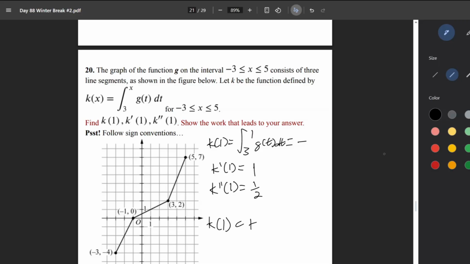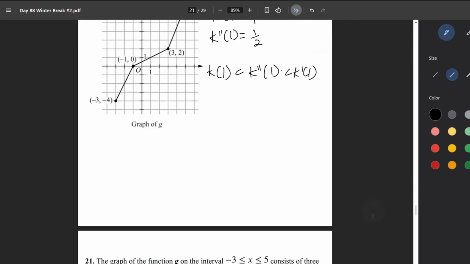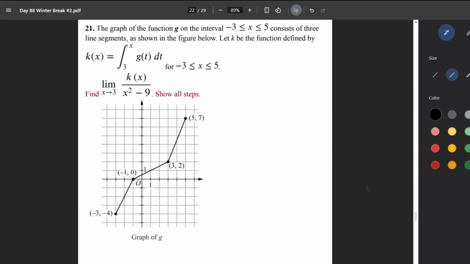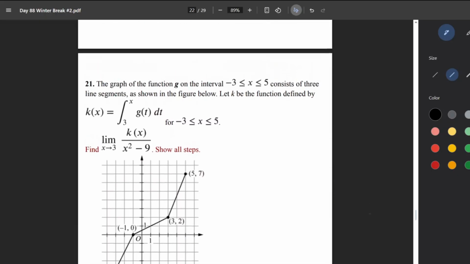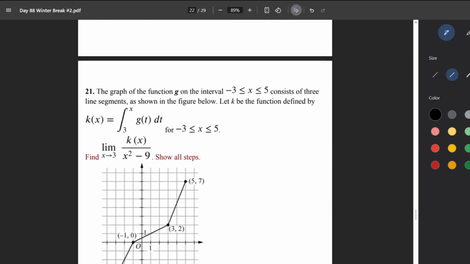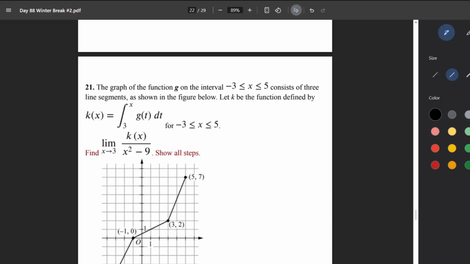Then k dash of 1. Nice. Ooh, limits. So let's just have a look. K of 3 equals 2, so it'd be 2 over 0. Let's just plug it in.